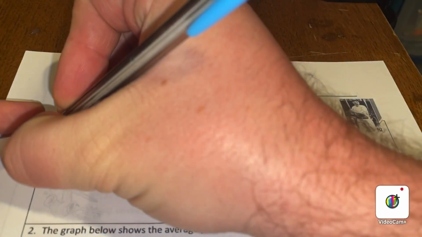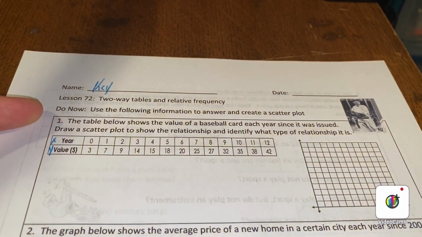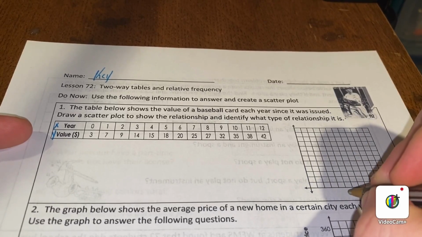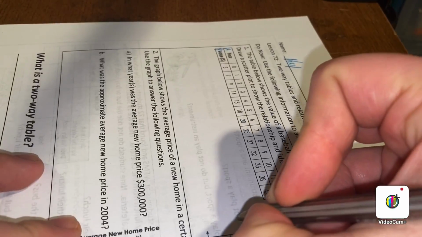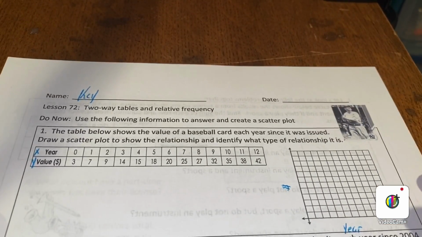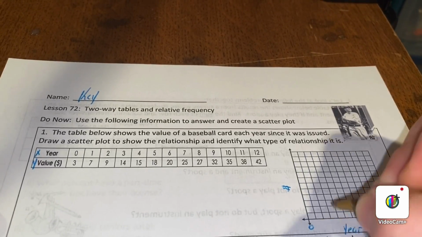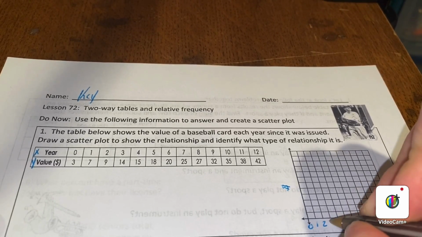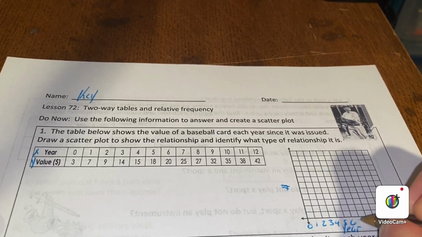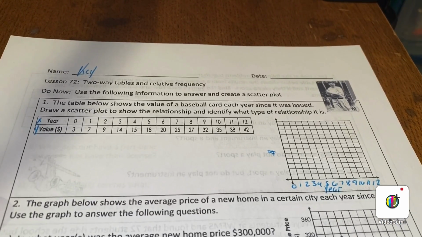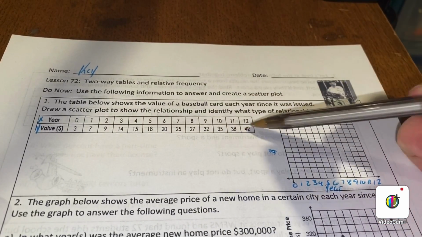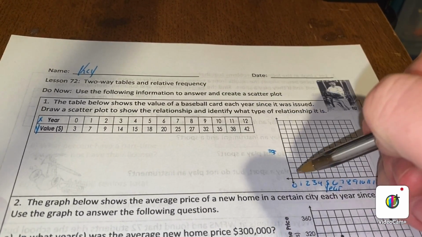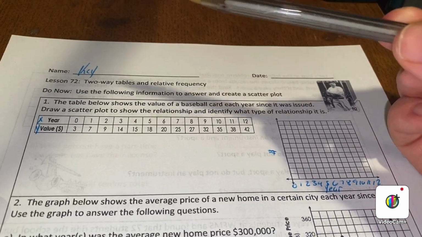So here's our X and there's our Y. So down here we're going to put the year, and here we're going to put the value in dollars. So the years go up by 1, which is nice and easy, all the way up to 12. And the dollar amounts, there's not a consistent pattern, but our first starts at 3.